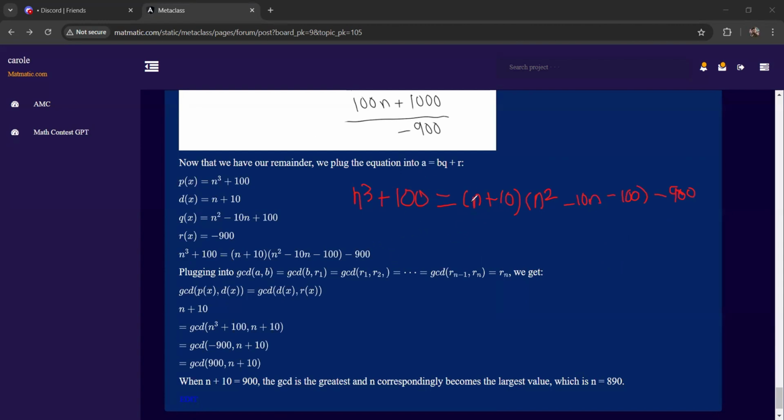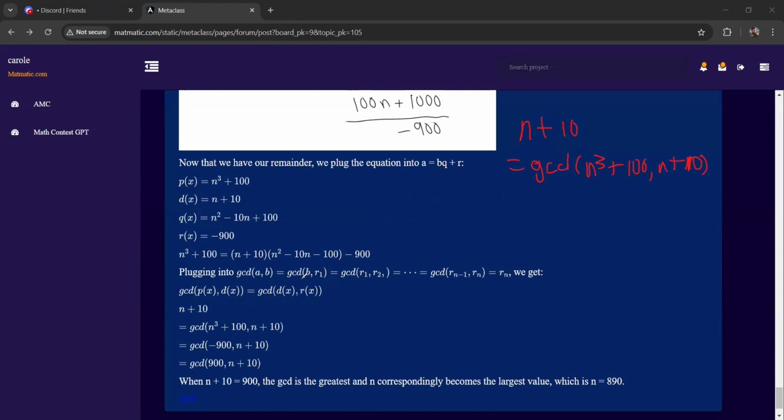So plugging this into the GCD formula, we get GCD of n to the power of 3 plus 100 and n plus 10.